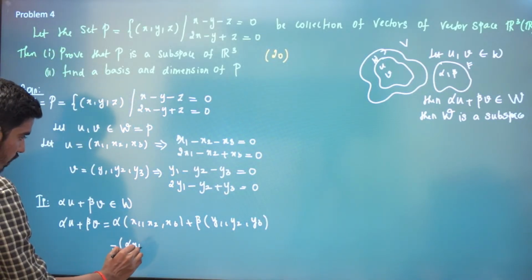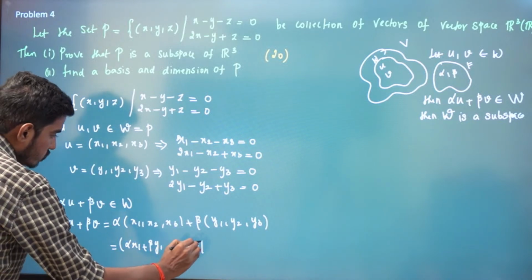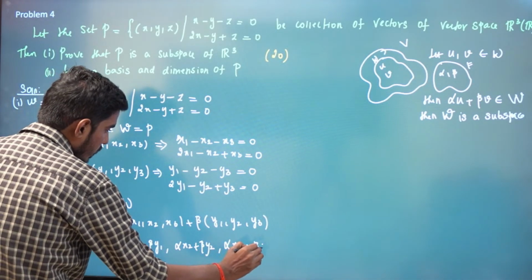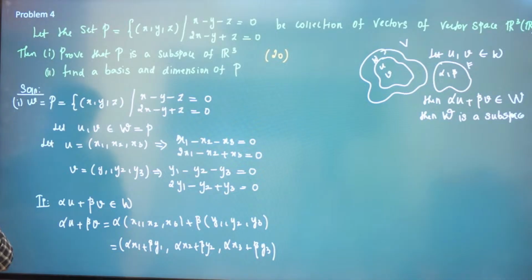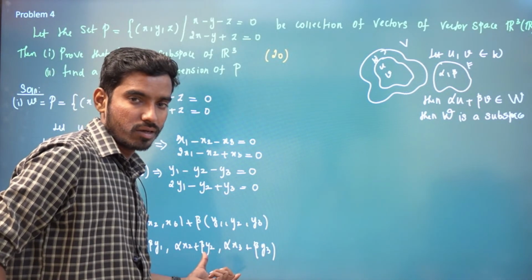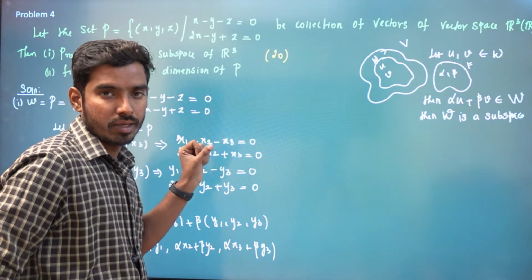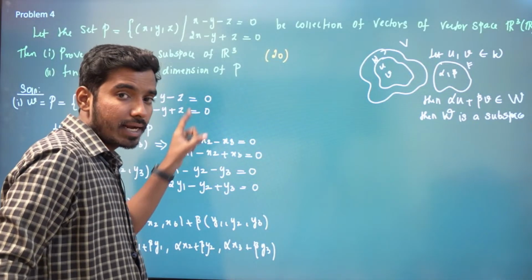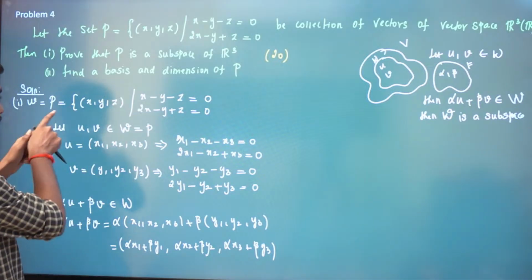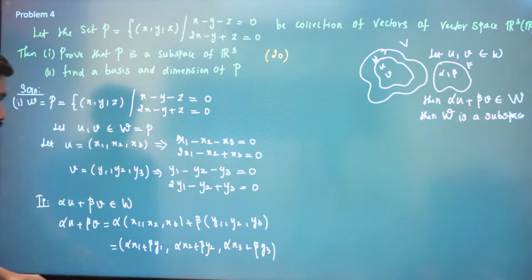This is alpha x1 plus beta y1, alpha x2 plus beta y2, alpha x3 plus beta y3. If this vector satisfies both equations, can I say alpha u plus beta v belongs to W? That means it will be a subspace.